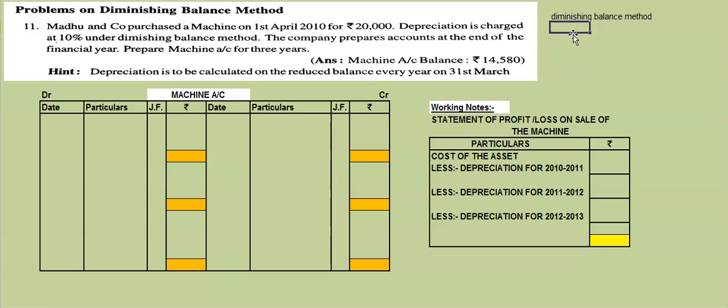Reducing balance method, or it is also called as written down value method.